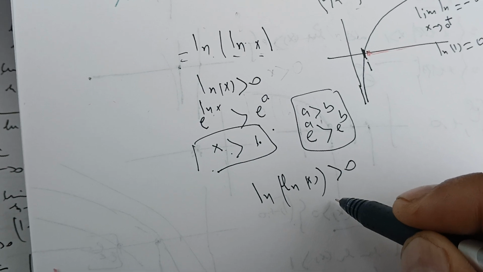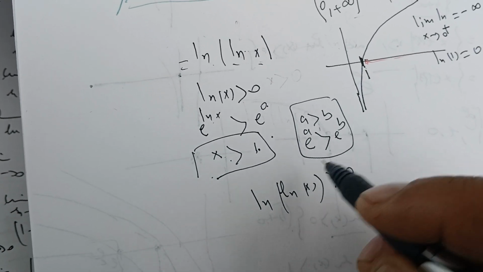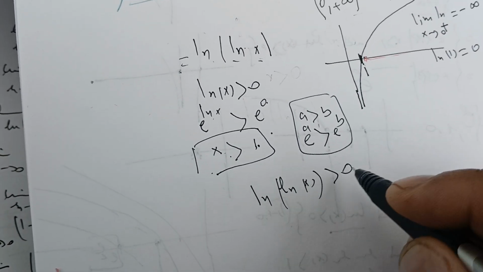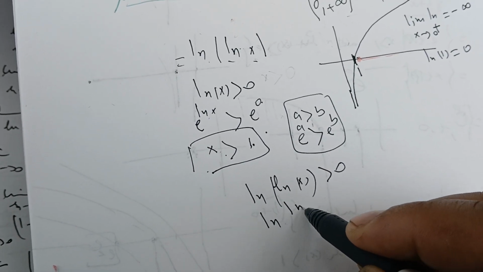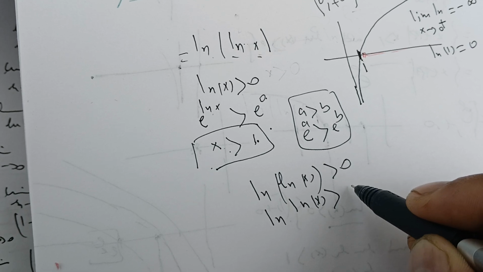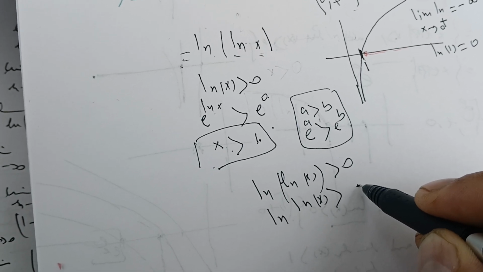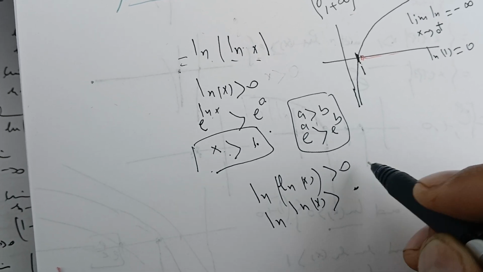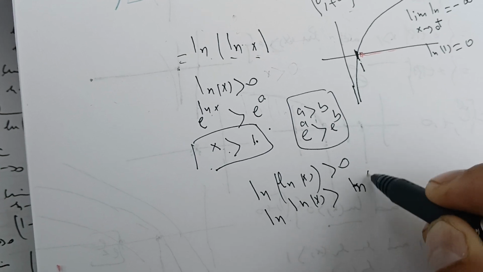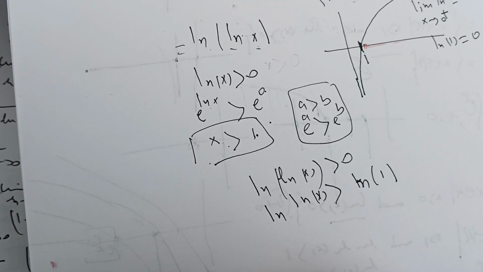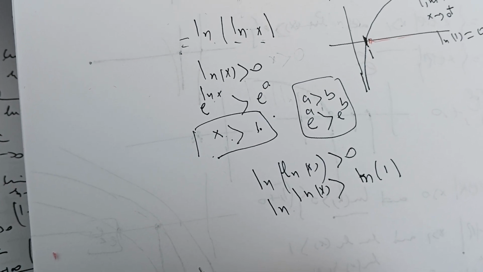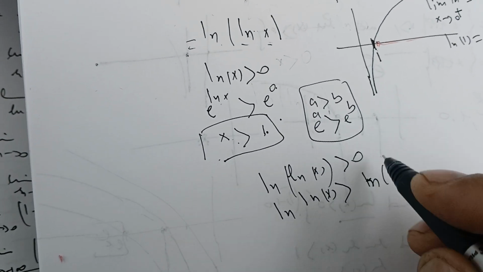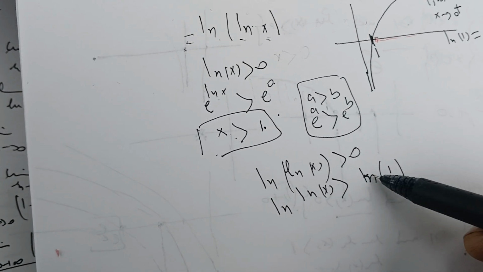We know that this is the same as ln of ln of x bigger than the natural log of 1, so this is clear from the definition here.